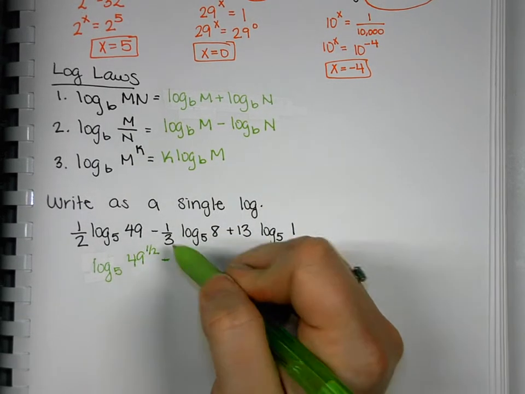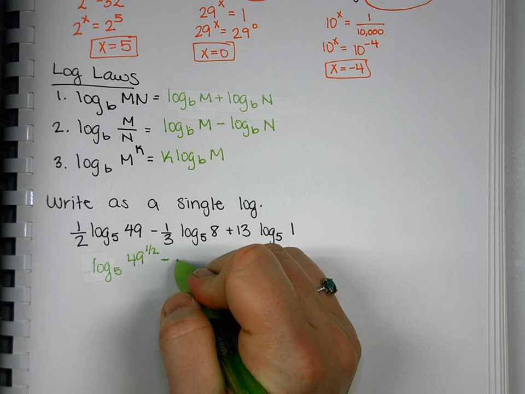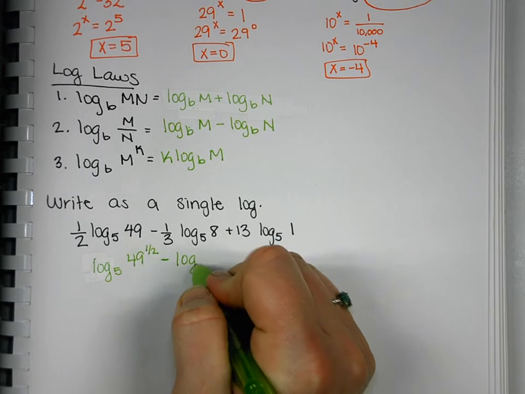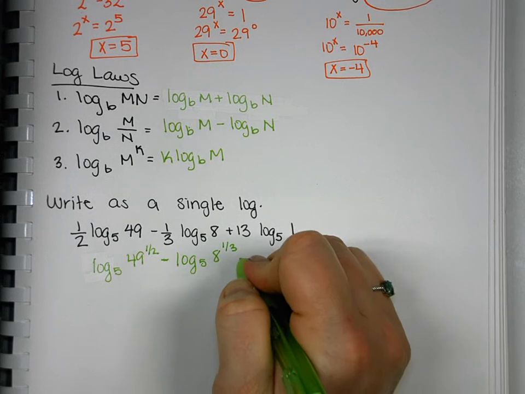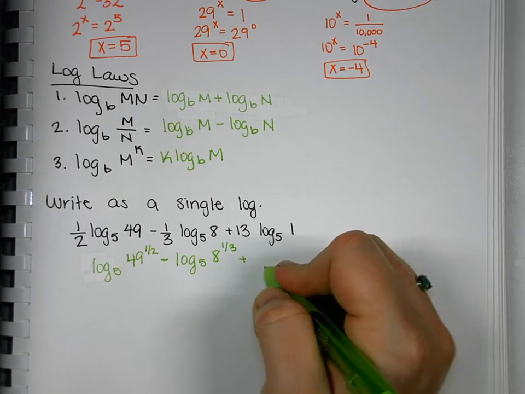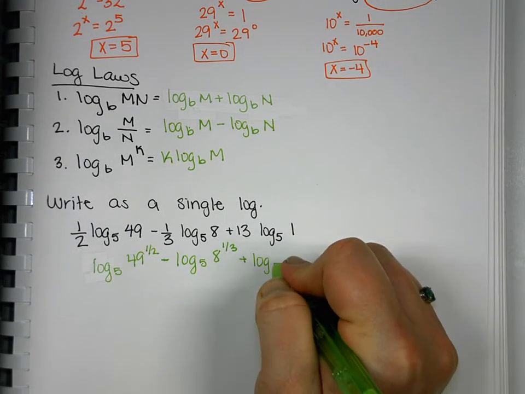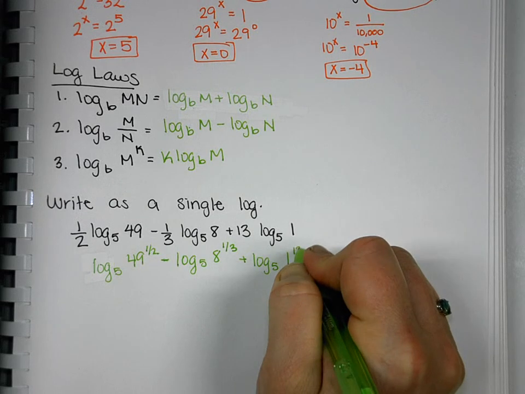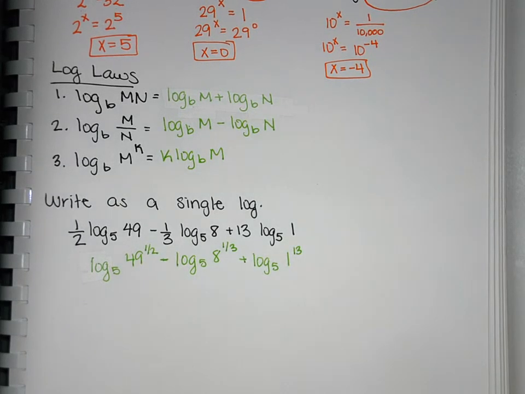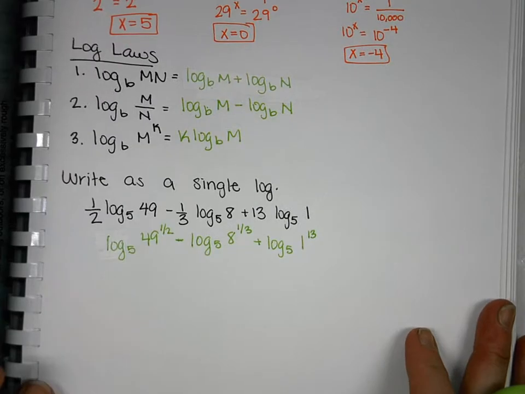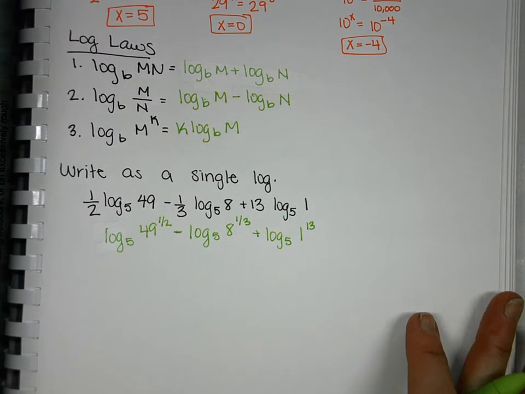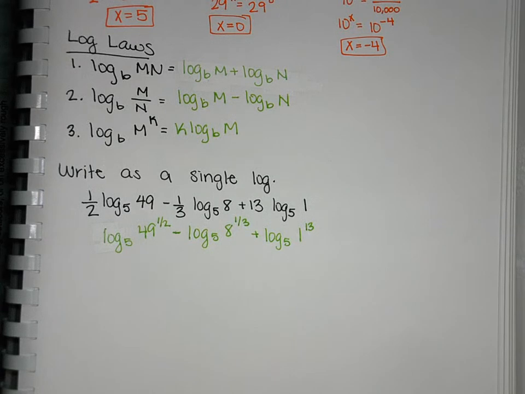Minus, and same thing with the 1/3, I can bring it in as the exponent of 8. So I have 8 to the 1/3 power. And same thing with the 13, I can bring it in as 1 to the 13th power. So that was just using our third log law to bring all of those coefficients in as exponents.